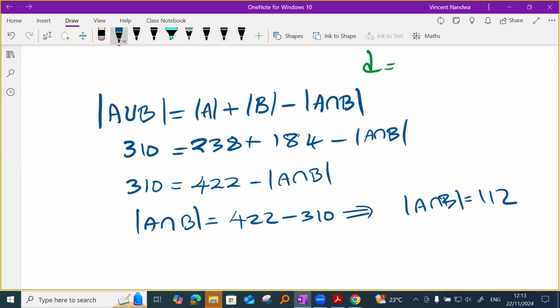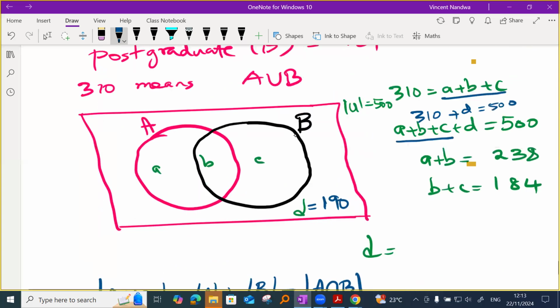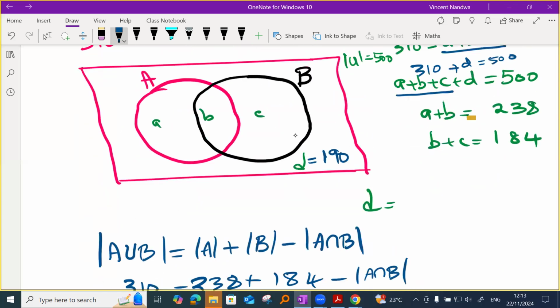So in this Venn diagram you write 112 here. So now that we know part B is 112.